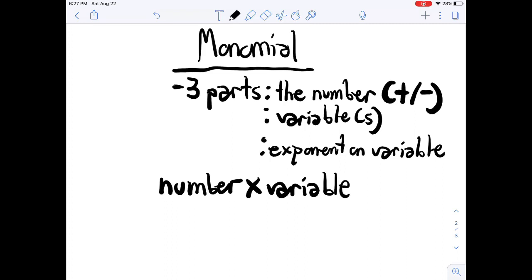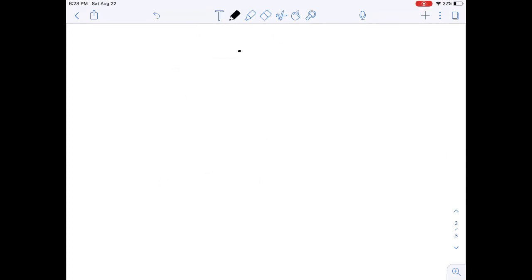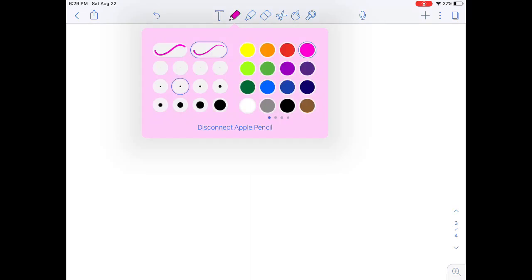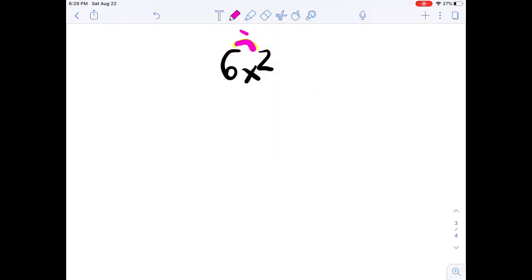So let me show you an example of a monomial here. 6x squared. So in this case, 6 is the number being multiplied by the variable x. But we actually have another name for this number.